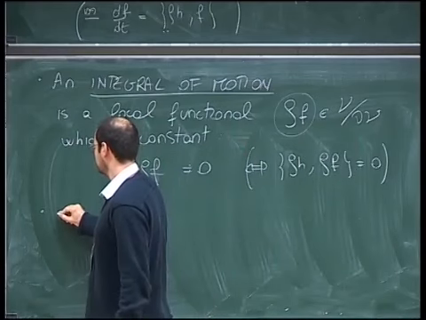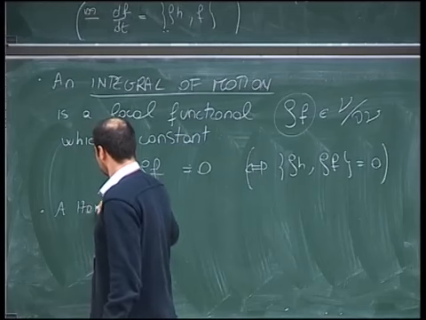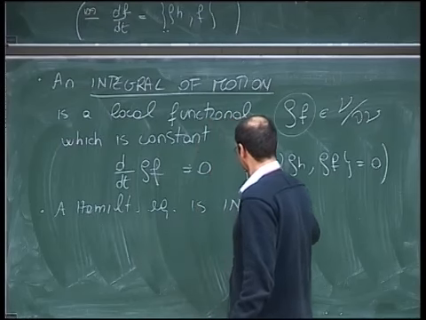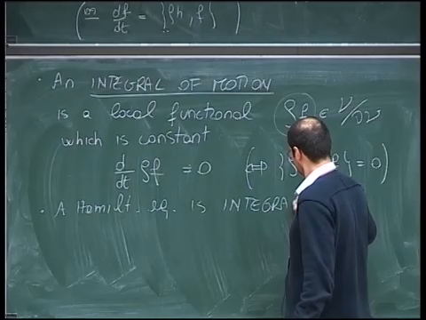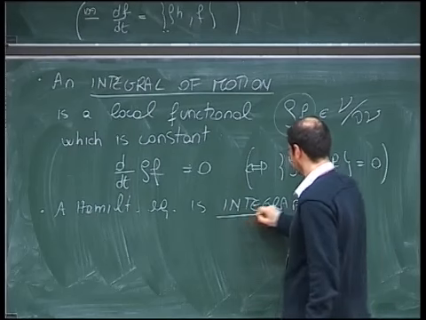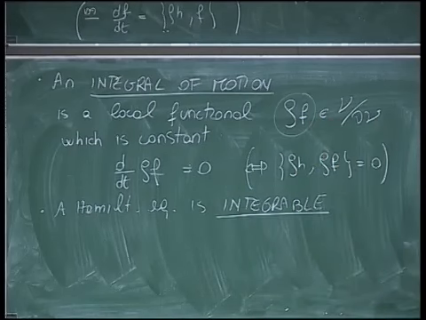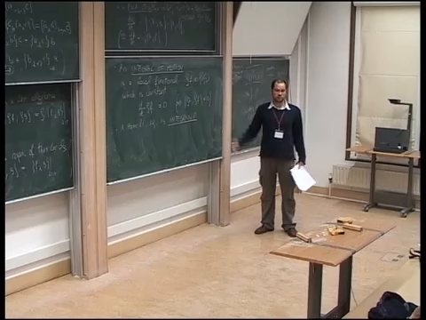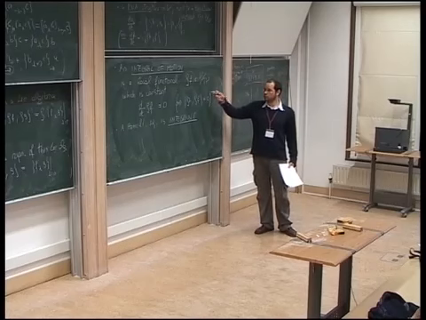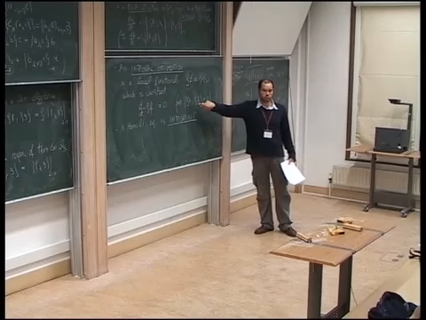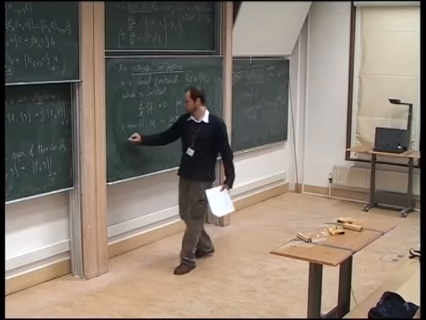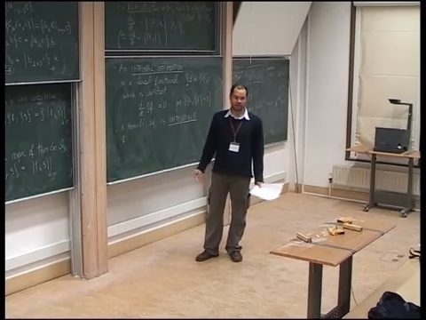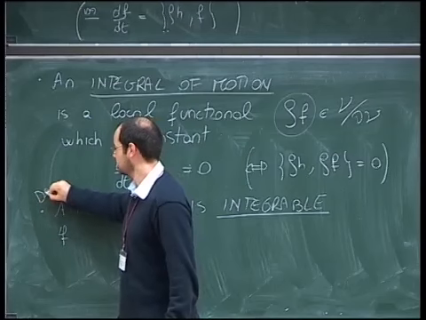And a certain Hamiltonian equation is said to be integrable in infinite degrees of freedom if you have an infinite number of integrals of motion which are compatible with one another, namely which are commuting with each other. Sometimes infinite could be different. Yes, but we'll take this as our definition of integrability.